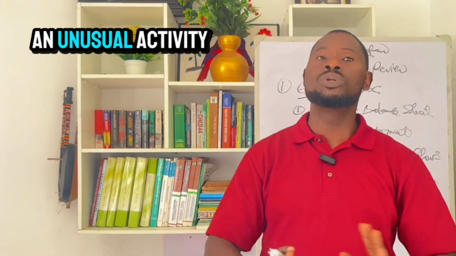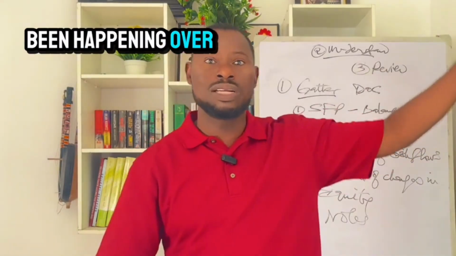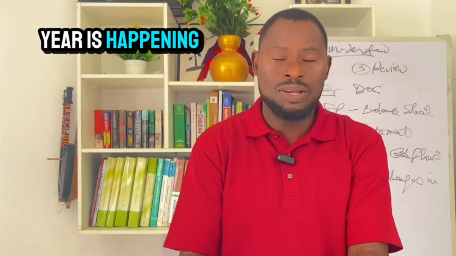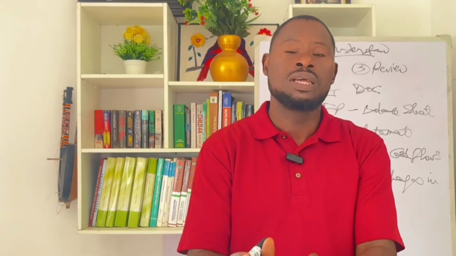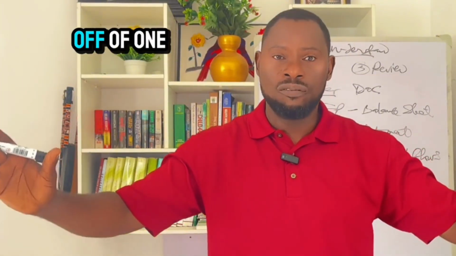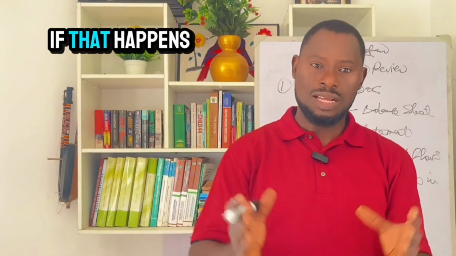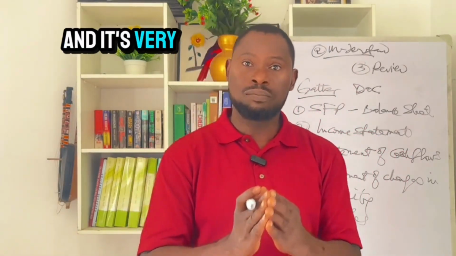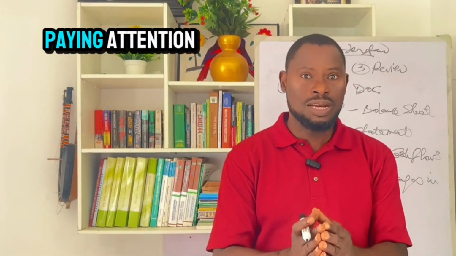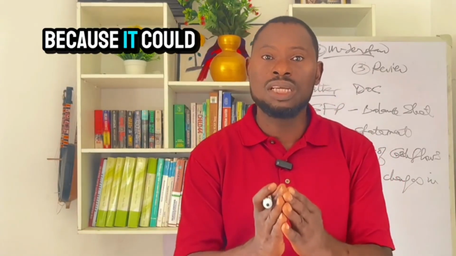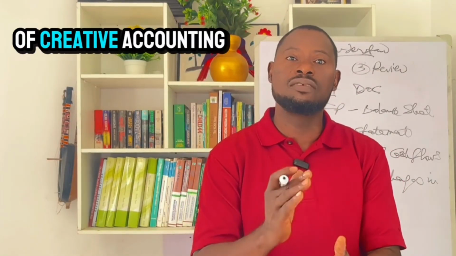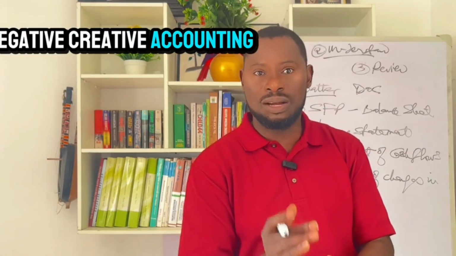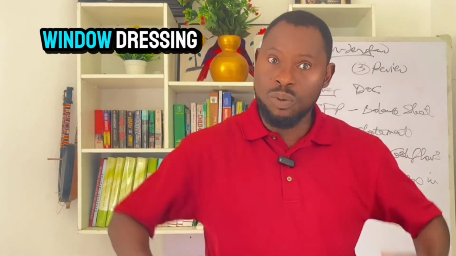If you see an unusual activity that had not been happening over the years, and this particular year it is happening, then you have to pay attention. Maybe a sell-off of one big asset. If that happens, you also call that unusual activity, and it's very important that you pay attention. Why are you paying attention? Because it could be a measure of creative accounting, negative creative accounting. It could be some form of window dressing.